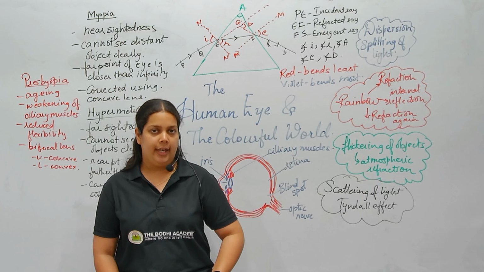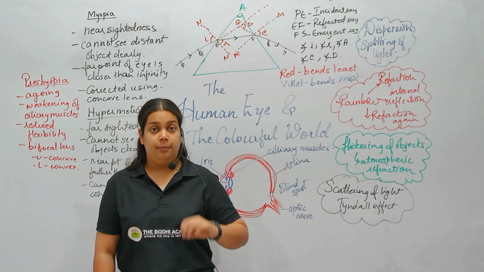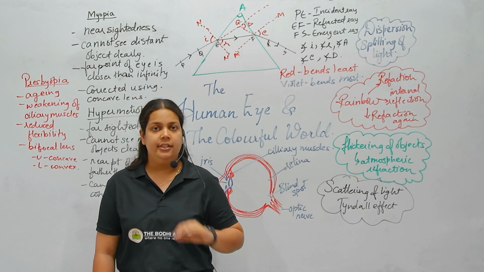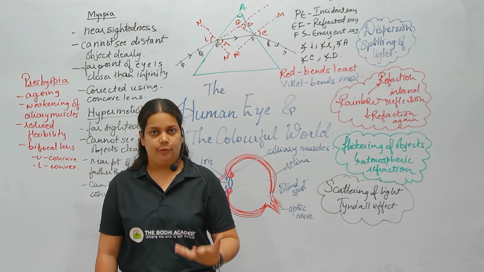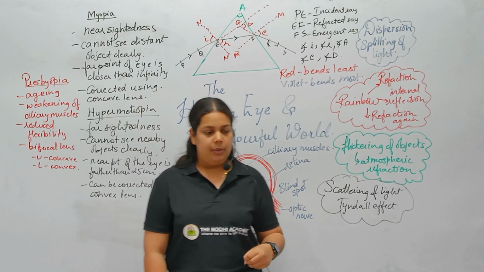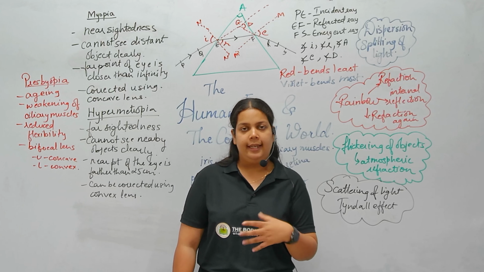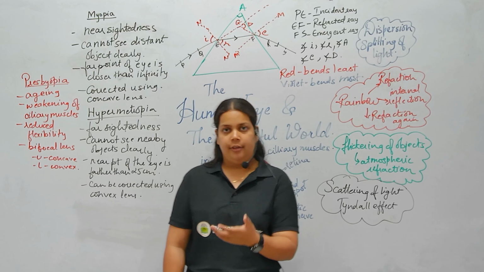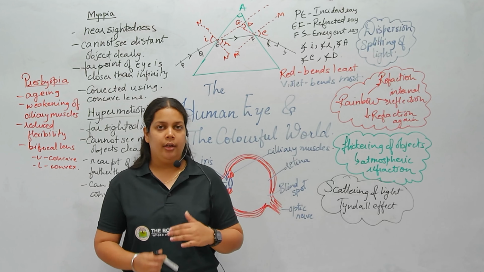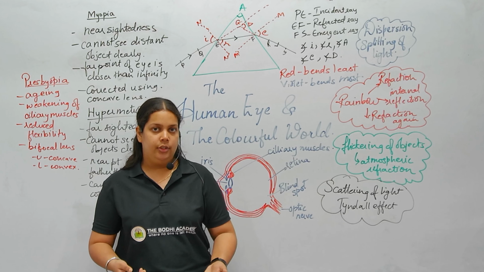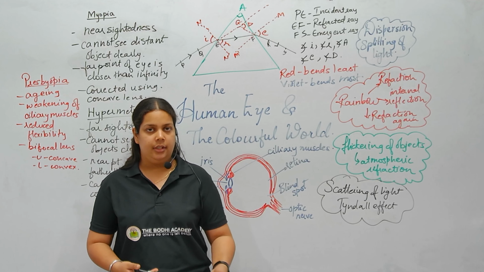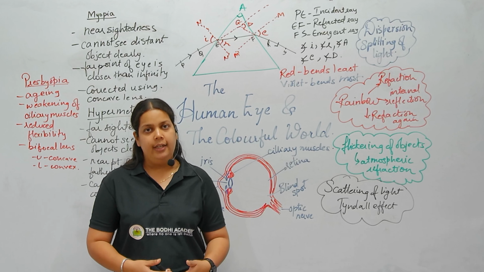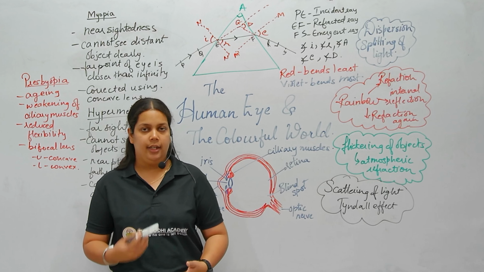Why are they red? Because red light is scattered least in the case of fog or smog, and therefore it can be seen from far away, and people are made aware of the danger which is present ahead. So because of that, the danger signals are red in color.